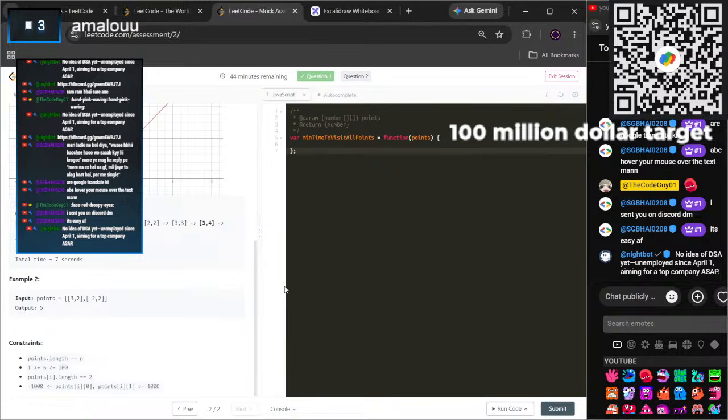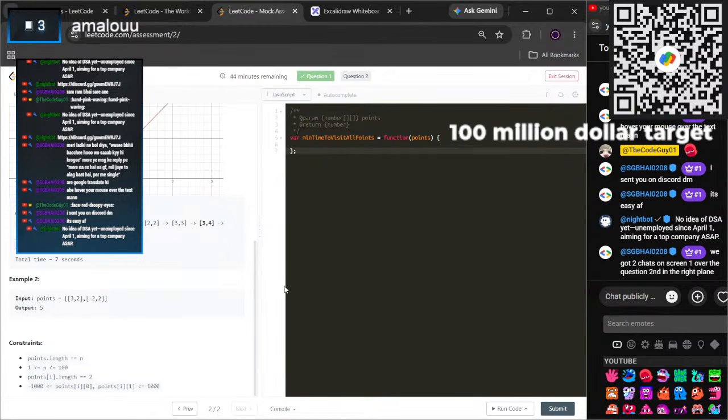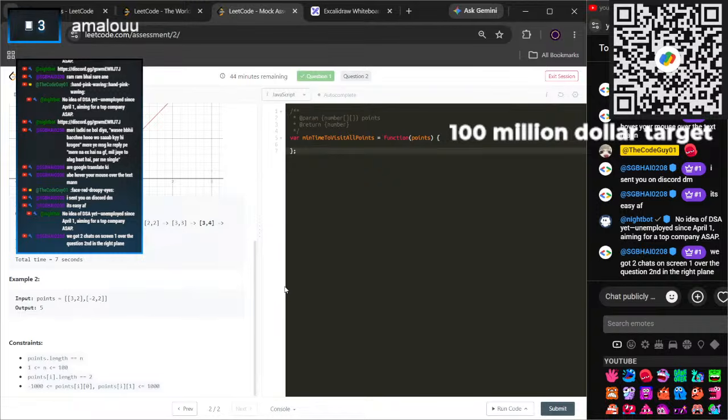Optimal path is 1 comma 1, 3 comma 3, 3 comma 4. This is one, two, three. What is this? I can't understand it.